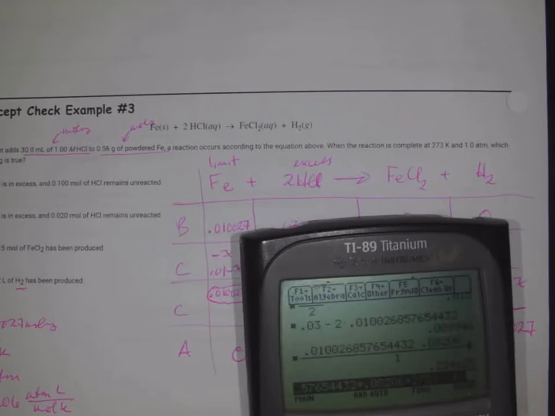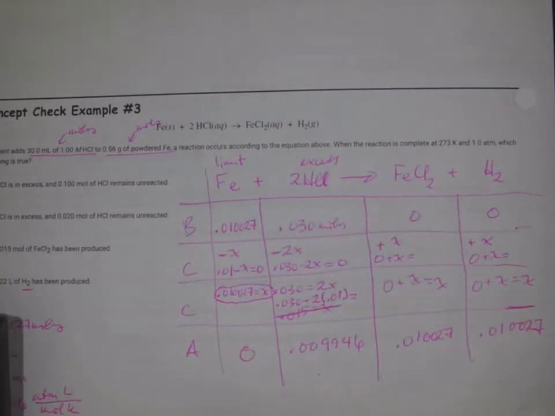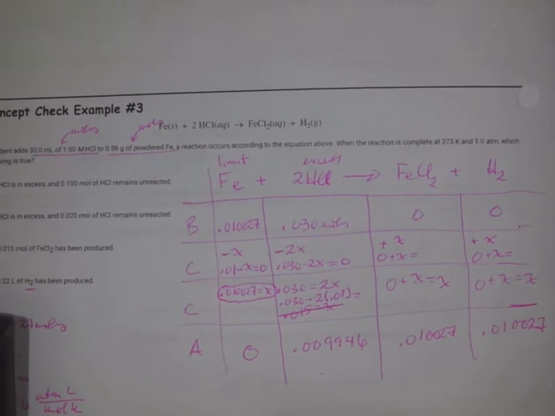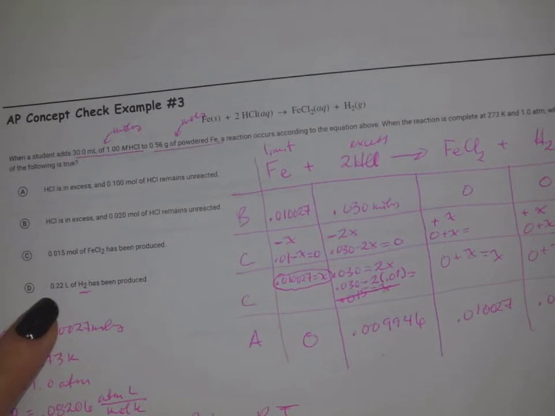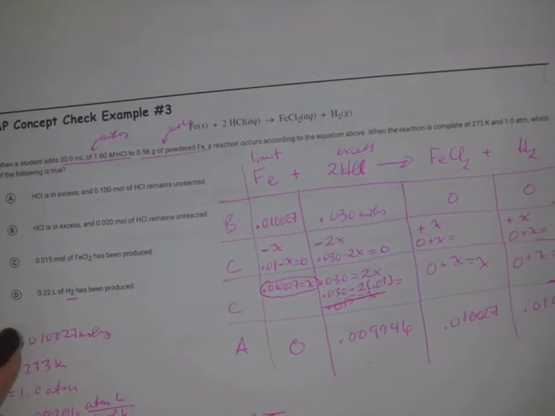Okay, nice. And so we get 0.2246 liters, and then look at that. Answer D, 0.22 liters of H2.